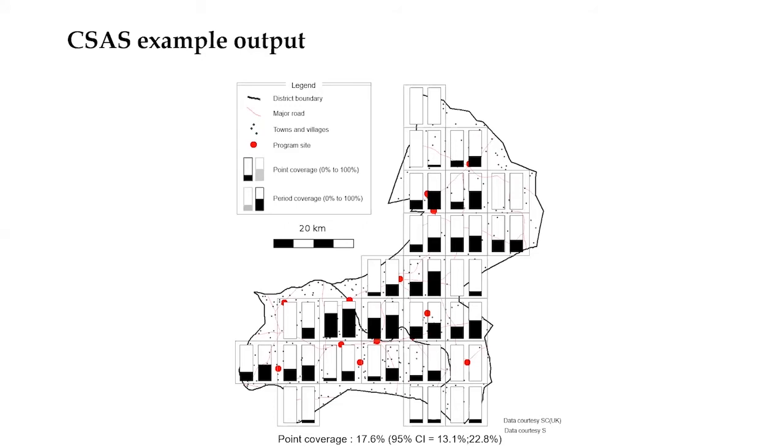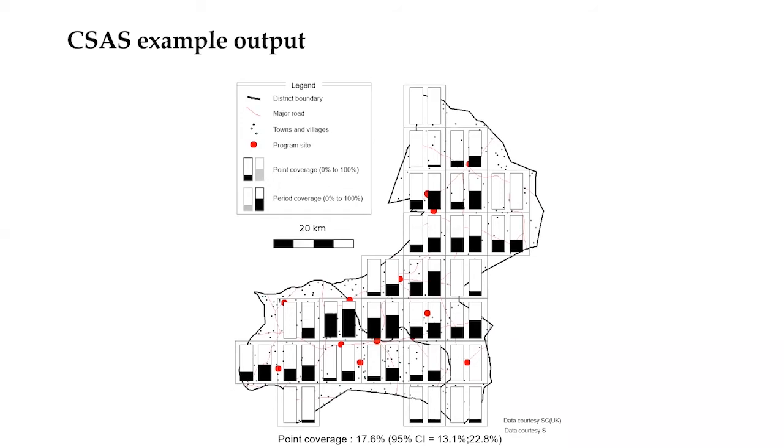But we can see here that there are actually areas of extremely poor coverage. In the north and the northeast, there are areas of zero coverage. And in the south also, there are areas of zero coverage. And other places where coverage is reasonably high.